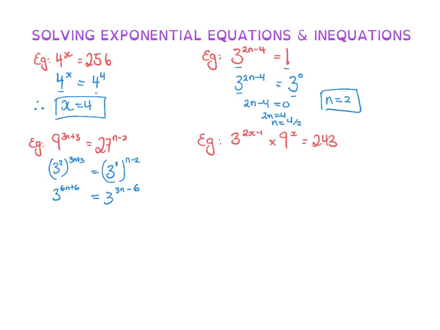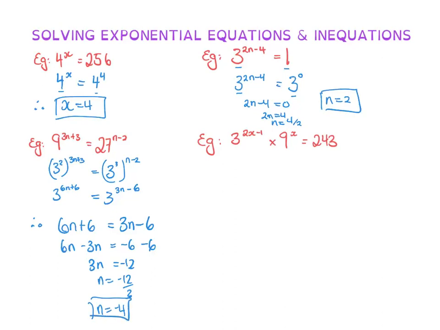So now that there's matching bases, you can therefore say that 6n plus 6 equals 3n minus 6. And then we go about solving, so we'll bring the n's onto this side and the 6's onto that side. So I get 3n equals negative 12, n equals negative 12 divided by 3, n equals negative 4.